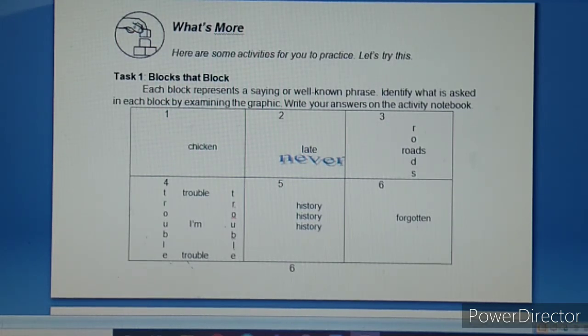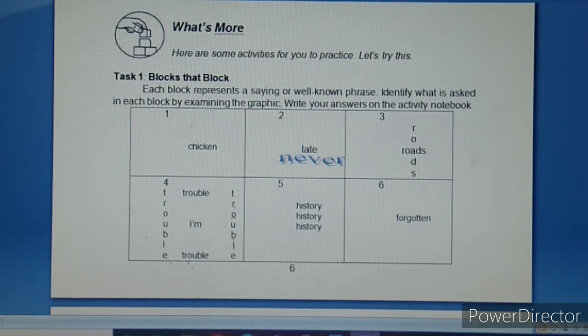Very good. Number 3. We have there 2 words. Roads and another one is roads, in which the other word is crossing the other road. So what do you think is the correct answer for number 3? Okay, the correct answer for number 3 is crossroads. That's it for number 3. Now let's move on to number 4.